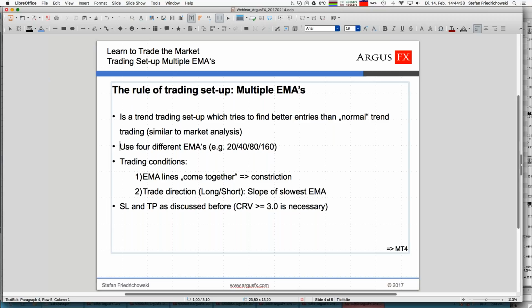So we need risk reward ratios of better than 3 to be long-term profitable with that kind of trading setting. So let's have a detailed look at that within MT4.